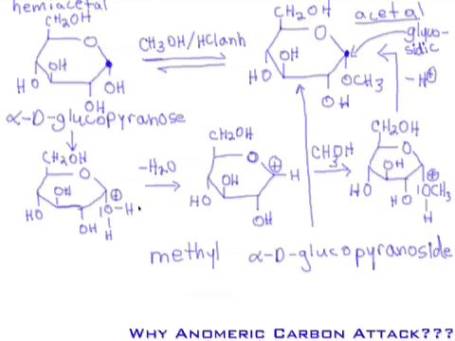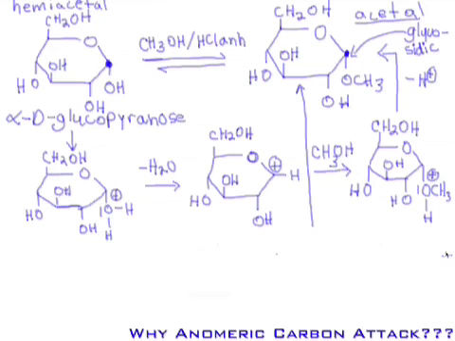That is, why did we attack or substitute for the OH on the anomeric carbon? There's a lot of OHs in this sugar. Why did the OCH3 not replace one of the other OHs on the alpha D-glucopyranose? And the answer has to do with the carbocation.